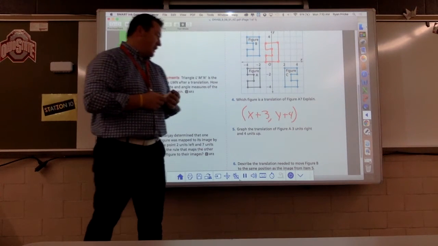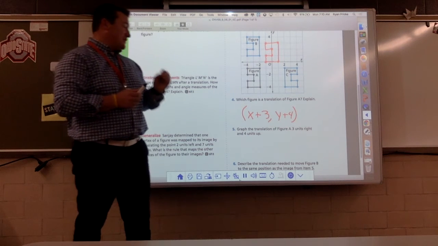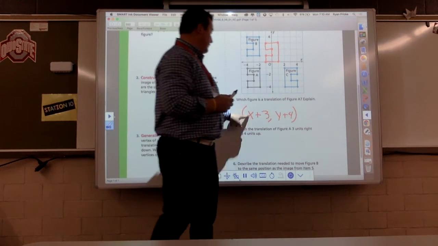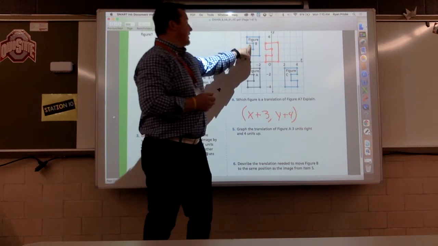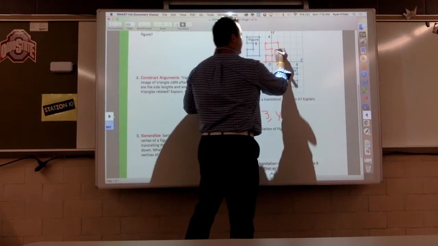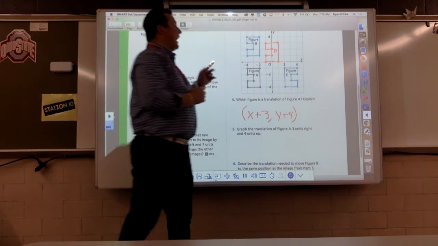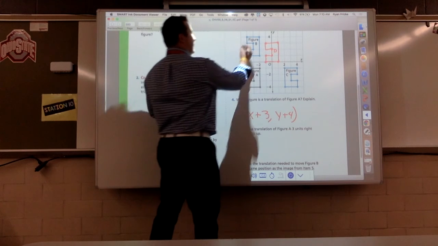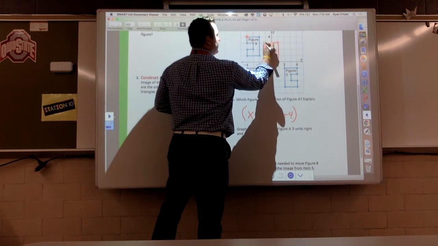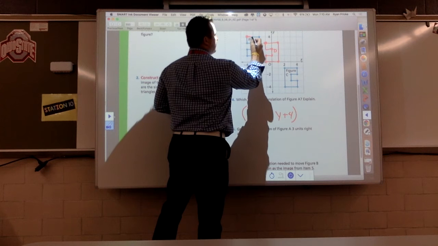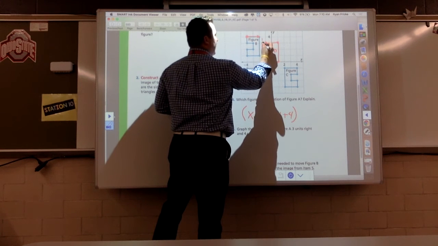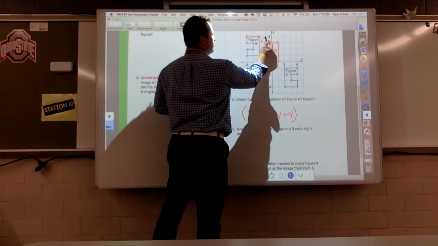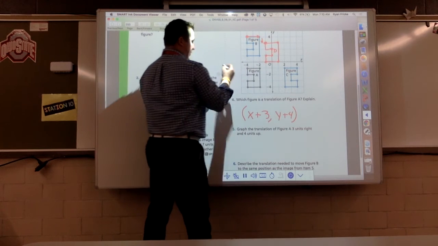All right. Describe the translation needed to move figure B to the same position as we did right here. So if I wanted to move figure B to, I'll call this, I don't know, figure D, how would that work? Well, I just have to go from here to here. It looks like I have to go right, and then I have to go down. So I'm going to go 1, 2, 3 right, and 1 down.